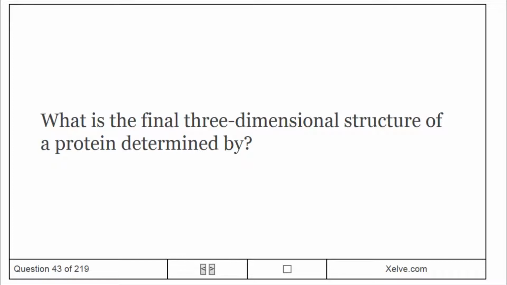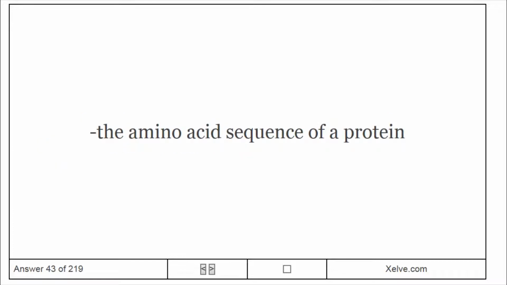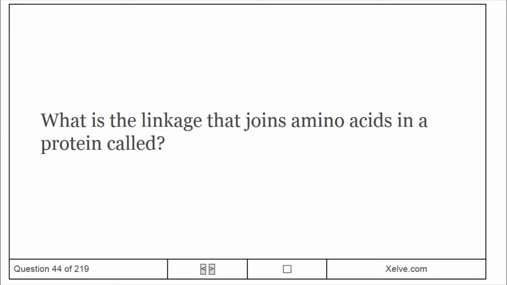What is the final three-dimensional structure of a protein determined by? The amino acid sequence of a protein. What is the linkage that joins amino acids in a protein called?